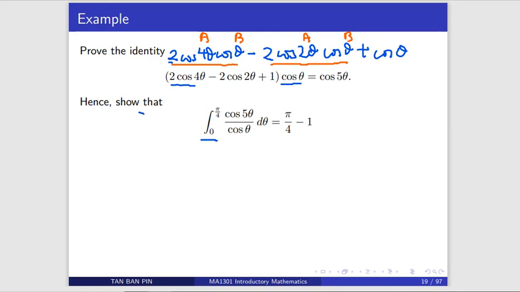So you should have cosine of 4 theta plus theta plus cosine of 4 theta minus theta.